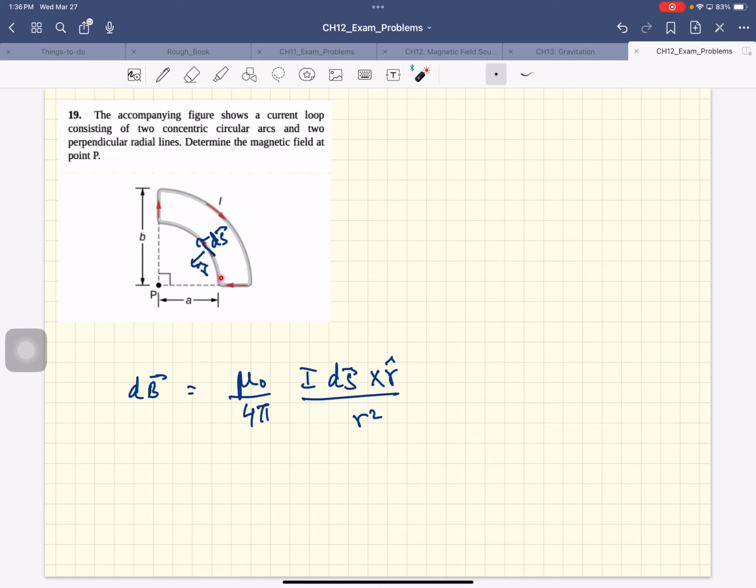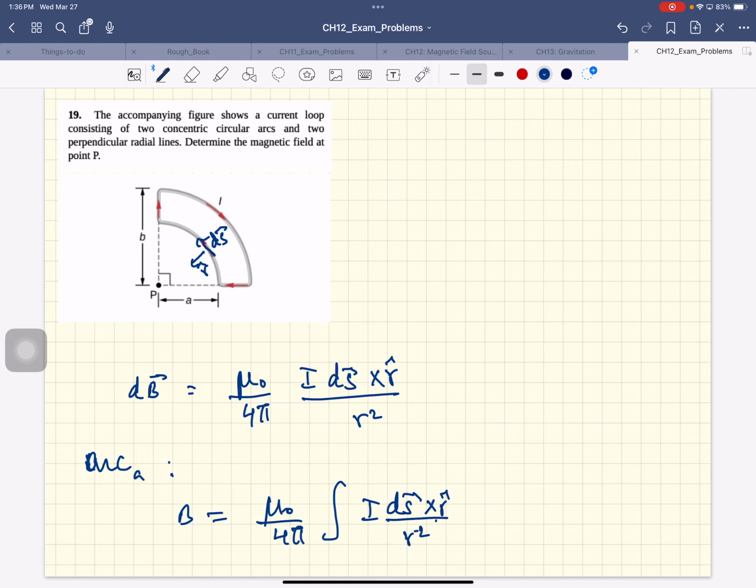So for this entire thing, if you wanted to find the field due to this entire thing, you do an integral. Okay, so for arc A, B would be mu naught over 4 pi integral I ds cross r hat over r squared. Well, r is the radius A, and that's constant, A squared for all those elements.